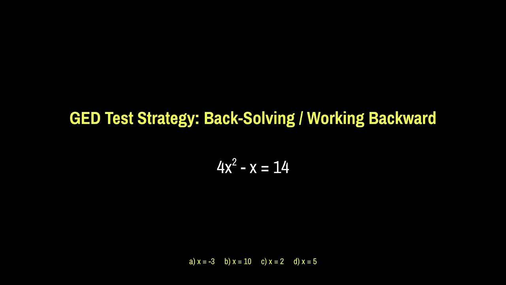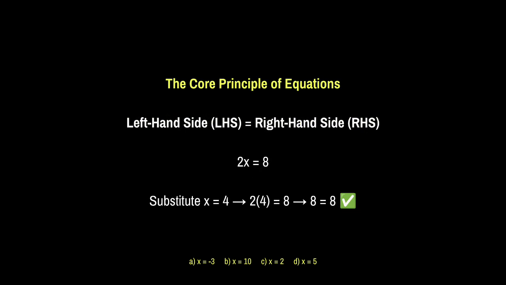Before we jump into testing our options, let's make sure we are 100% clear on what an equation actually represents in mathematics. An equation is simply a statement that two things are equal. The left hand side must have the exact same total value as the right hand side.